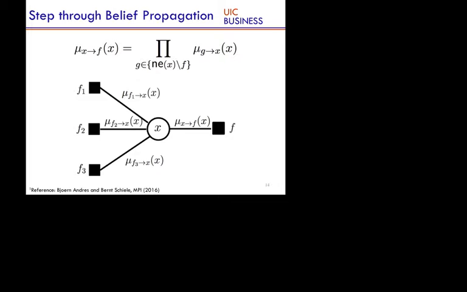If this is a binary variable, then all these are going to be 2-dimensional vectors. So this variable node is going to collect all these messages and multiply them element wise. For each x, you just multiply these numbers, and it's going to create a new message, which is the same dimensional vector, and pass it forward to the target factor node.